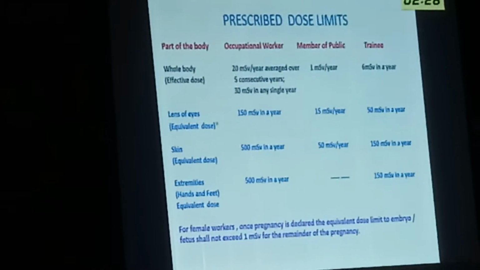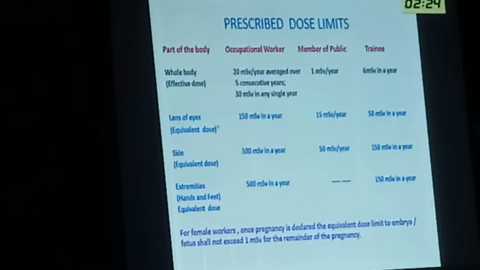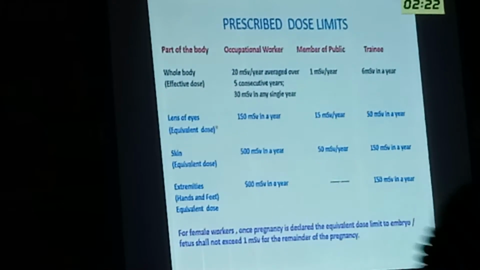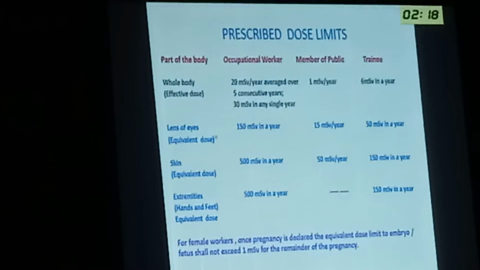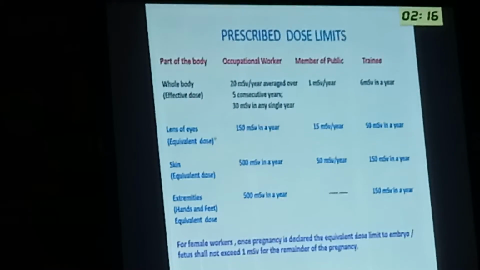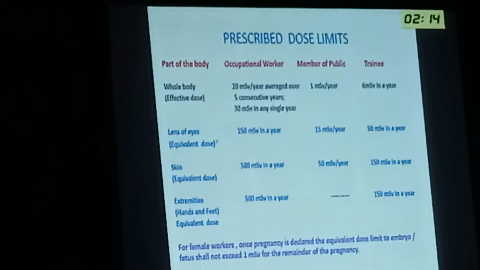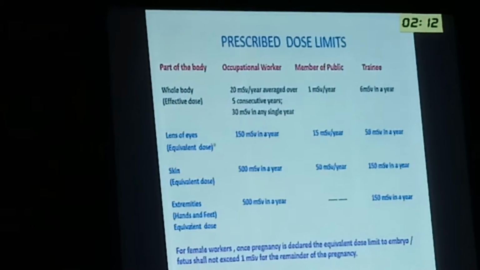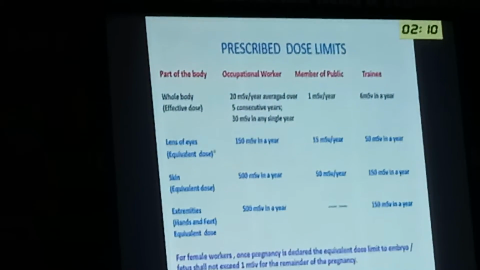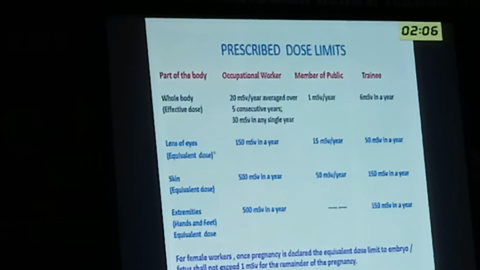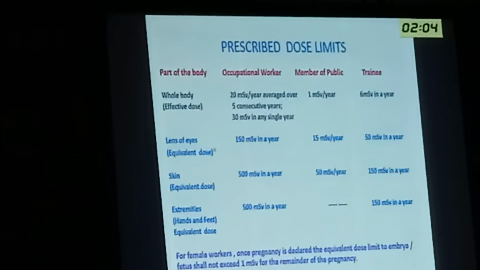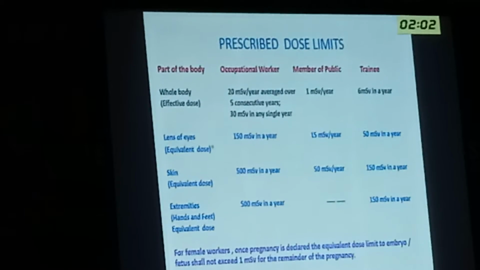Limits are also there for members of the public. Members of the public means common people. They don't have any interest in your facility. They are not benefited from your facility directly, I am talking about. Because we, the occupational workers, are directly benefited. We are getting salary for that. So what is the dose limit? 1 millisievert per year. And similarly, recommendations are also there for drainage.